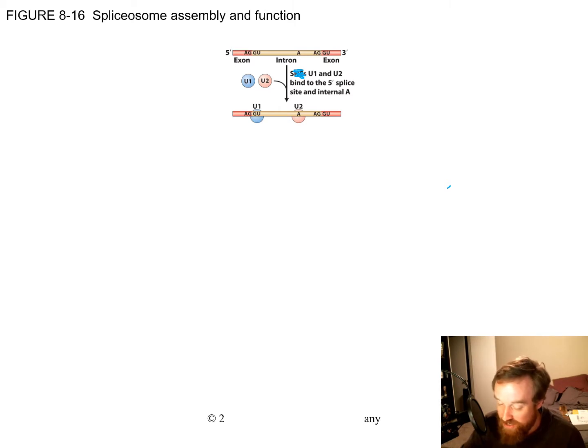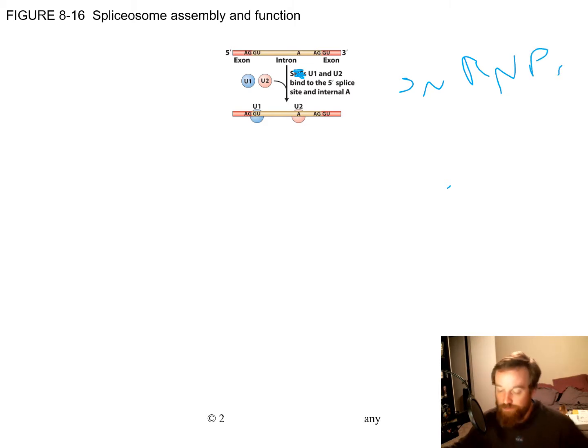These are snRNPs. These small nuclear ribonucleoproteins initially attach at these two conserved sequences. U1 will attach at the AGGU, the first AGGU upstream within the intron.